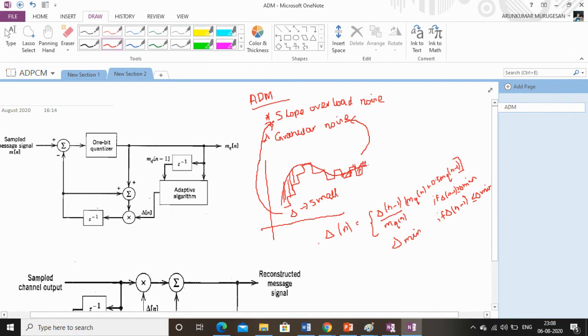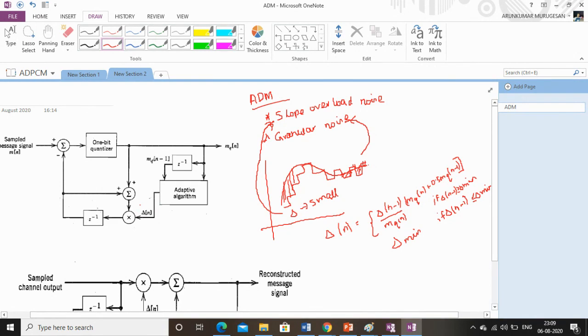The adaptive delta modulation varies the step size depending upon the noise that occurs. This adaptive algorithm produces steps depending upon the error.